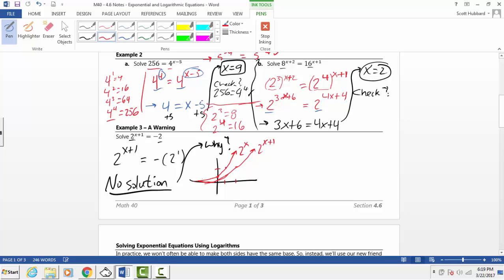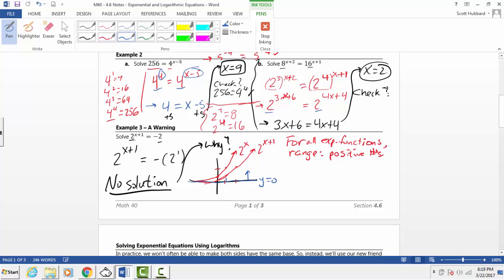And anyways, these are both exponential functions, and for all exponential functions, stuff that looks like 2 to the x or whatever, we talked about the range is going to be positive numbers. So they both have an asymptote at y equals 0, and the graphs are always above it.